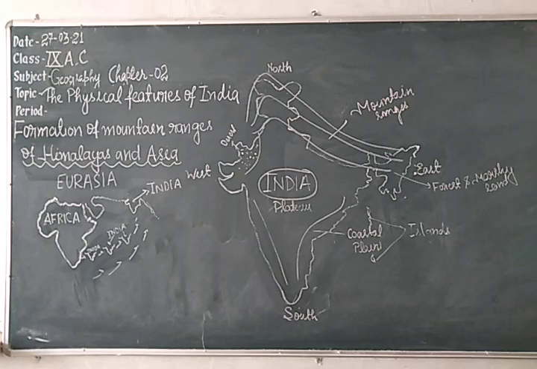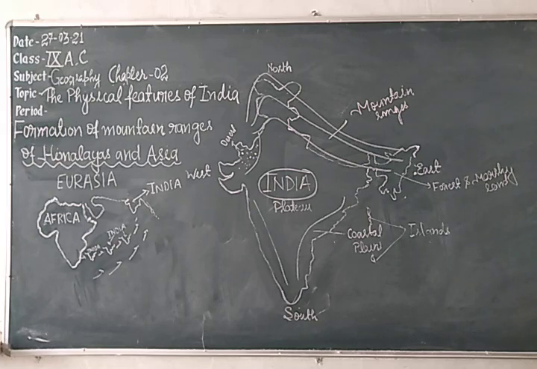According to the theories given by scientists and geographers, all the geological formation has a number of processes like weathering, erosion and deposition, which are responsible for the creation and modification of relief or the physical features of the earth.